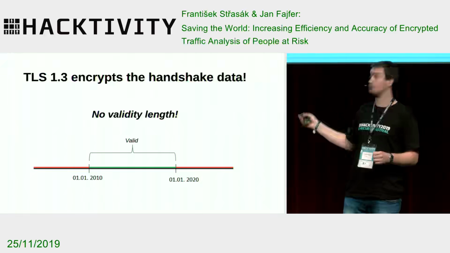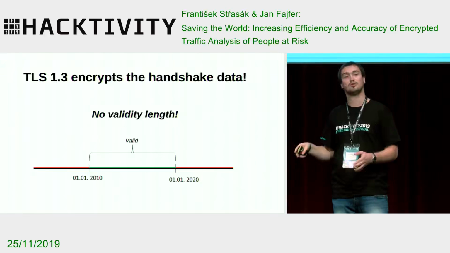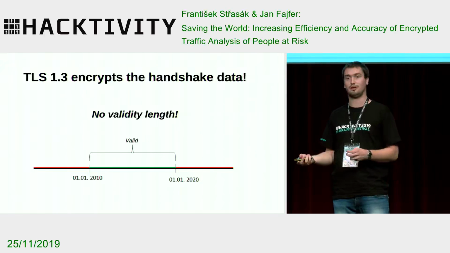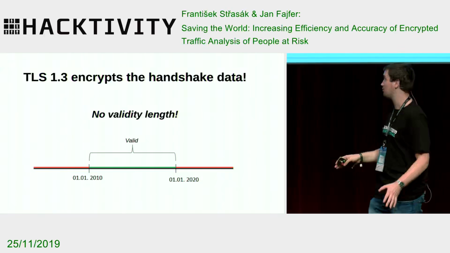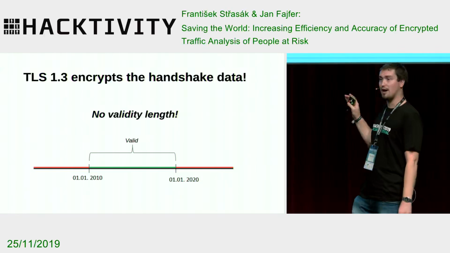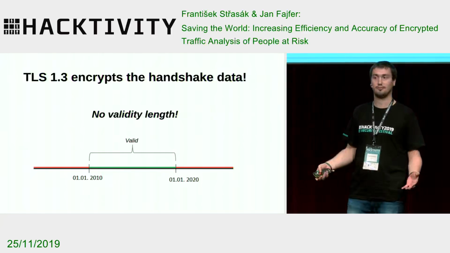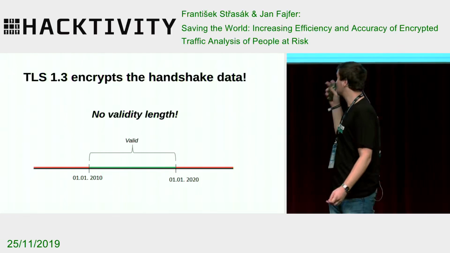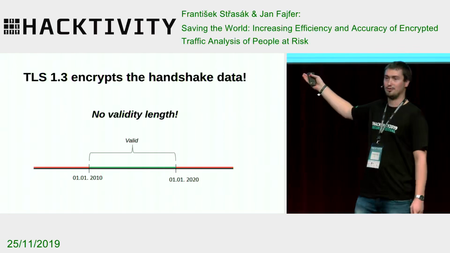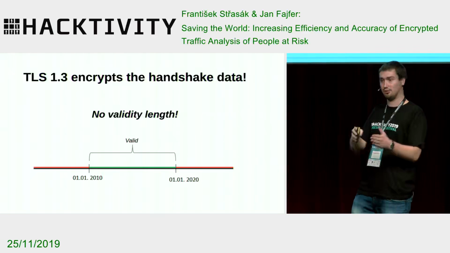As I showed, there were 40 features which we used, and most of them came from the TLS certificate. And now, with TLS 1.3, most of them are encrypted, actually hidden due to encryption. So we lost, for example, the validity length of the certificate. It means when the certificate starts and expires.